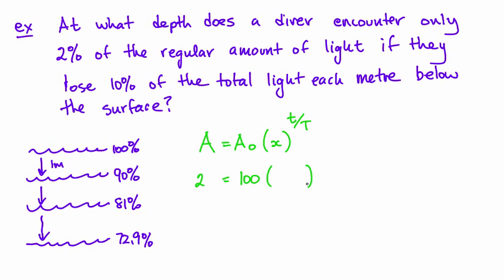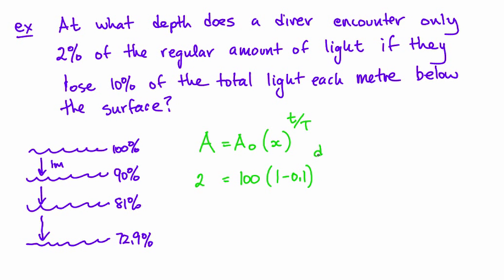And my rate is a decay rate, so I should have a number less than 1. And what's happening here is I'm losing 10%. So that's 0.9. And how often I'm losing it isn't really time, it's distance or depth. So I'm losing it every meter that I go down.